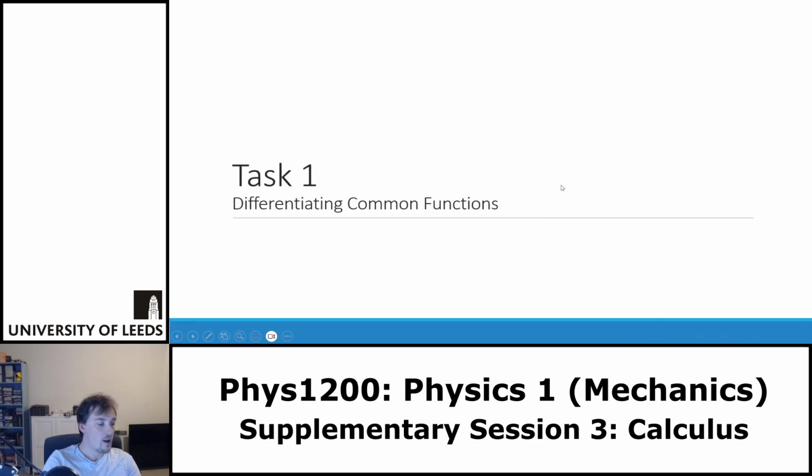Nice. So now we've got task 1, right? Differentiating common functions. So this one's a bit tricky. It's also technically optional. You don't have to do it. If you're not interested in the maths, you can just take my word for how to take derivatives of functions. You can just learn them by rote.